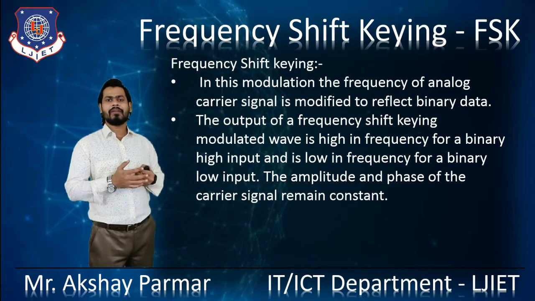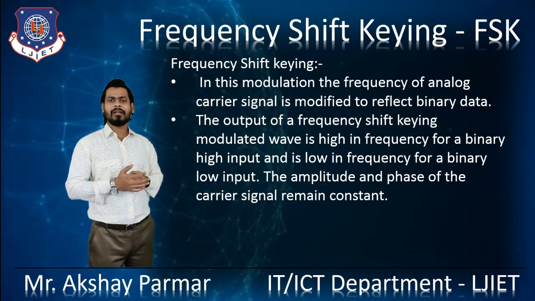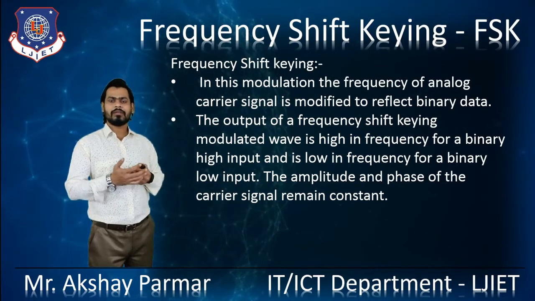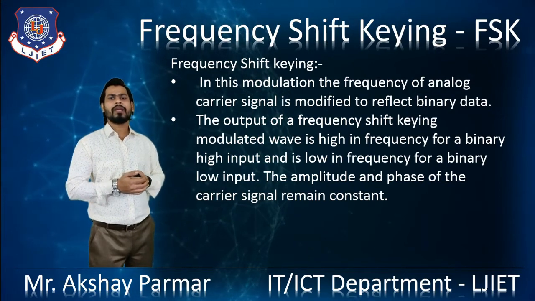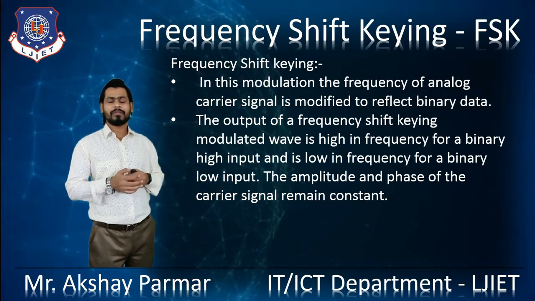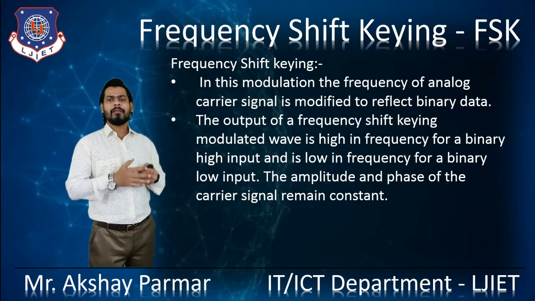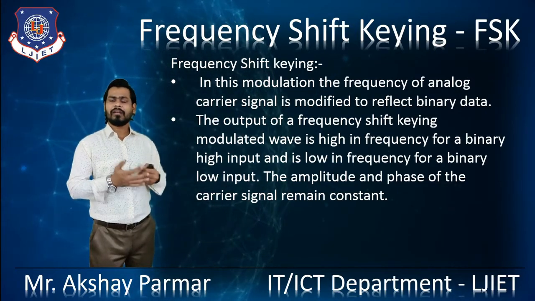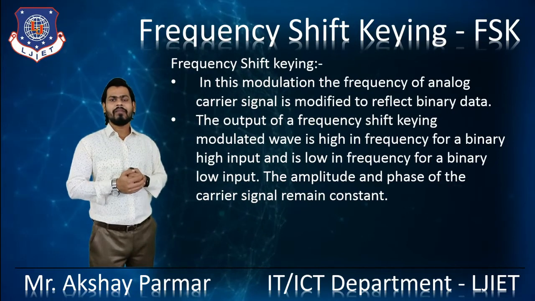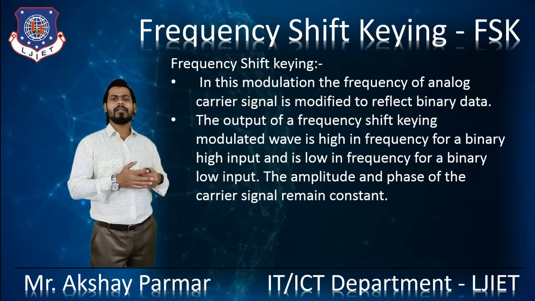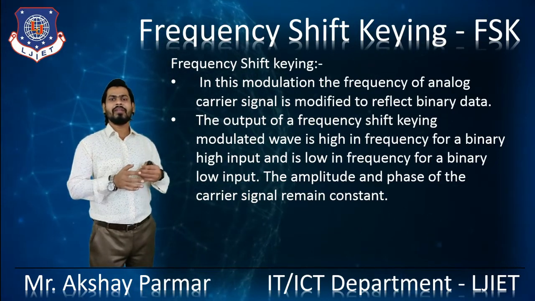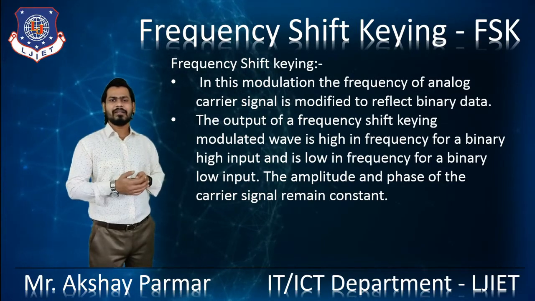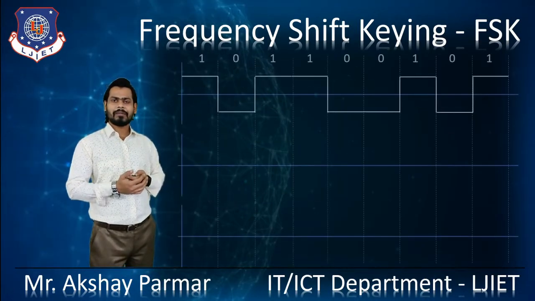So whenever we are representing the higher bit, suppose bit 1, we represent it by a signal which has the higher frequency. Whenever we are representing bit 0, we represent that bit by a signal which has the lower frequency. Let's see it with one very good example.